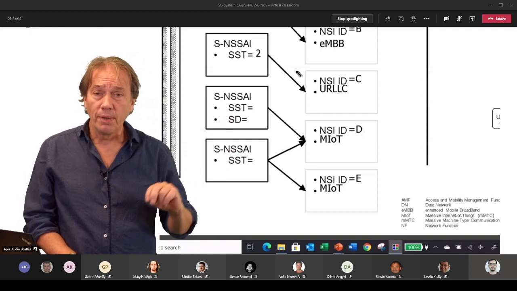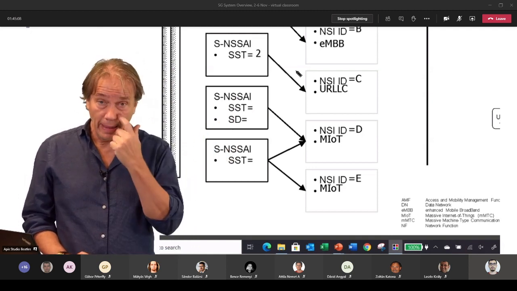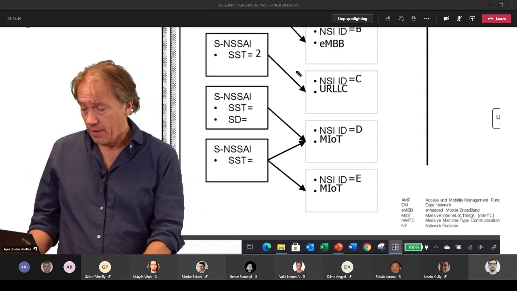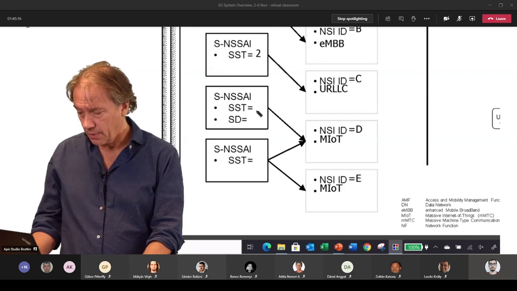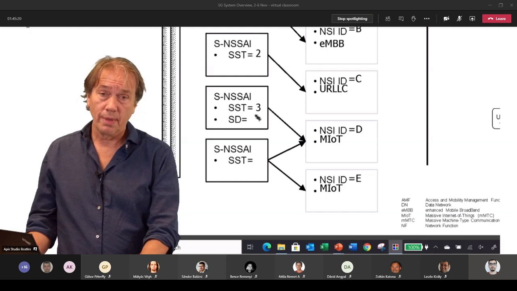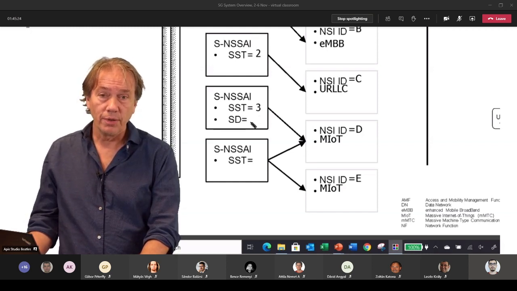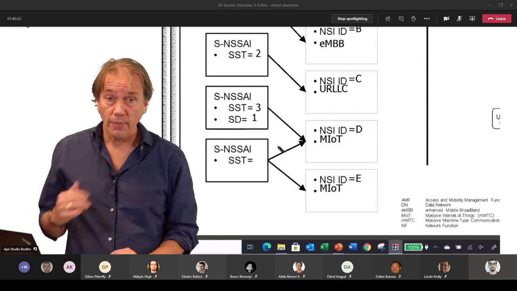Some other user equipment sends this NSSAI, slice service type equals 3, but this user equipment also adds a slice differentiator number, like 1, for instance.